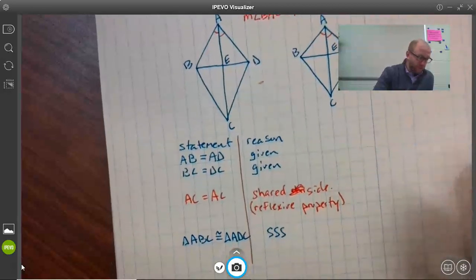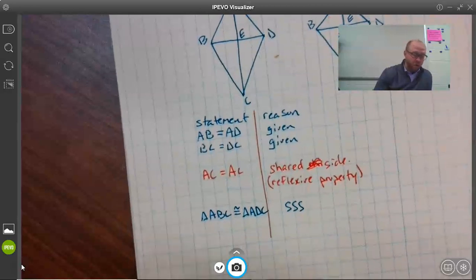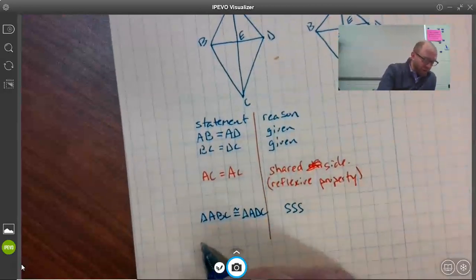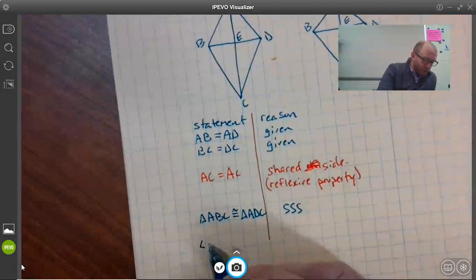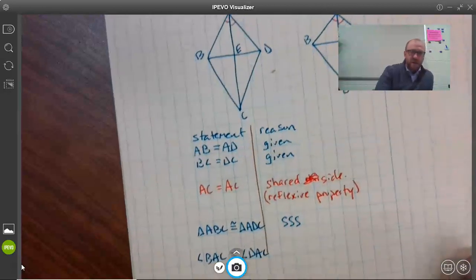And so then, based on that, we can conclude, if the two triangles are congruent, that angle BAC is equal to angle DAC.